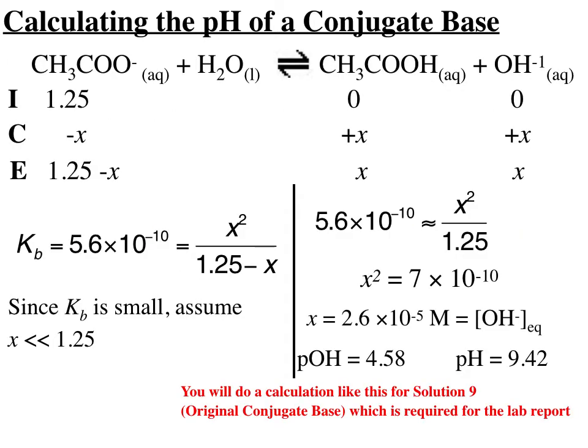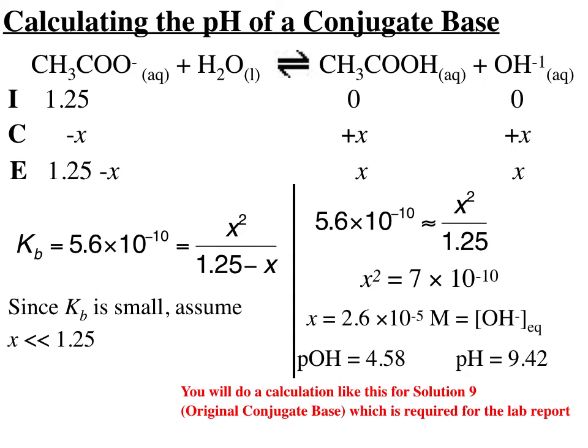So I'm going to take the equation for the hydrolysis of this weak base, acetate anion, in water. It pulls a proton loose from the water, making its conjugate acid, which is acetic acid, and making the water basic by leaving OH minuses in the water.